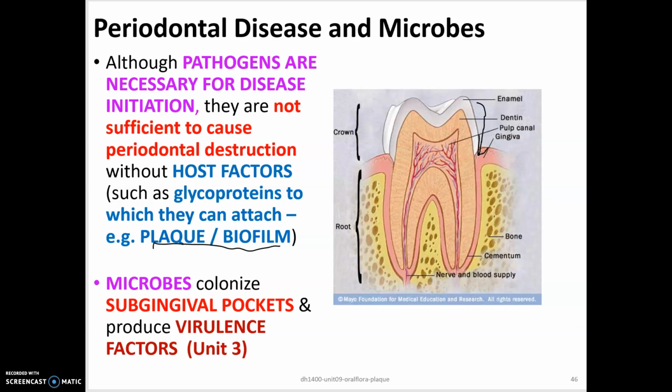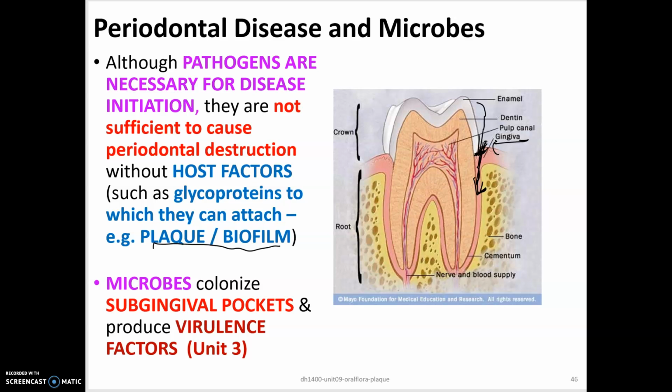Periodontal disease will occur if that plaque and biofilm is allowed to penetrate deep into the tissues. Once it gets down below the gingiva, so that area right there, now we're putting the periodontal tissues at risk.